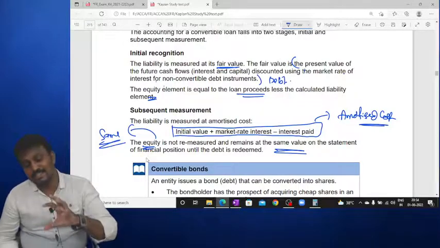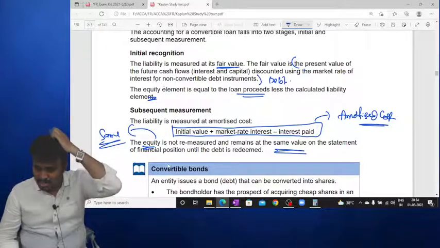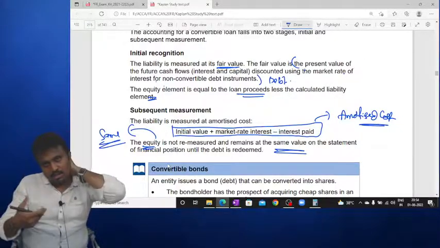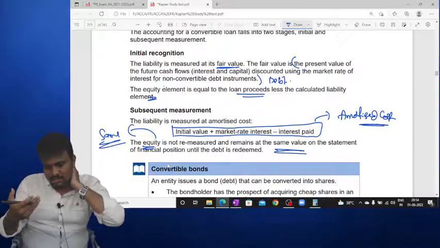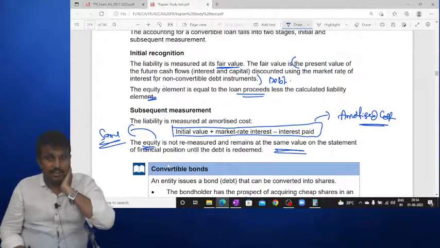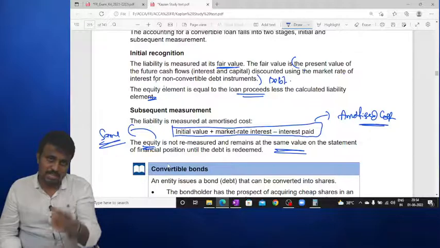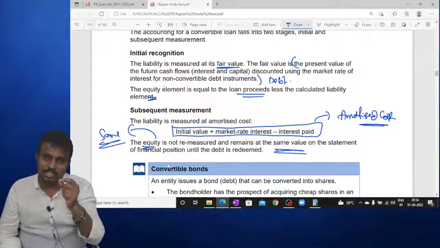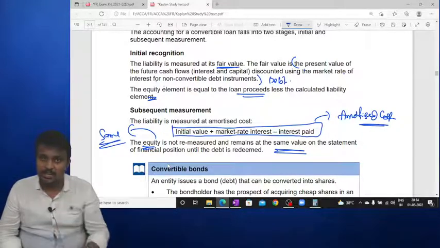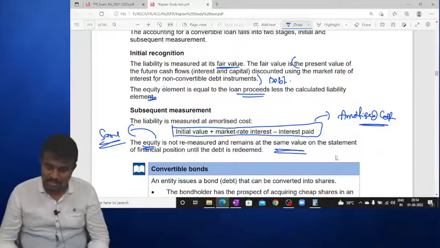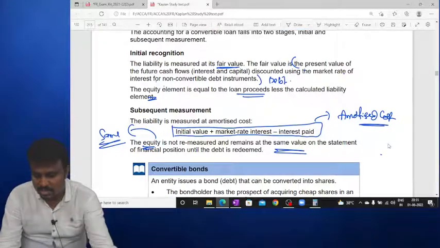But coming to the debt, we have to apply amortized cost, and based on that, we need to calculate the carrying amount at the end of every year. But remember, while applying amortized cost, at the end of maturity the value of debt should be equal to the loan proceeds, nothing but 50 lakh.